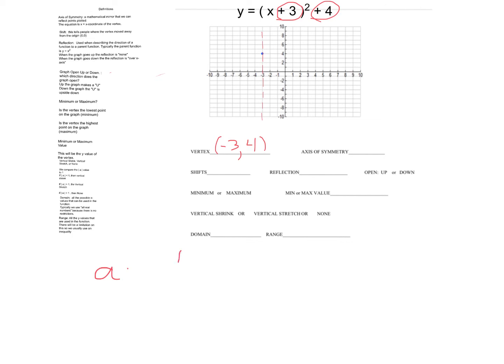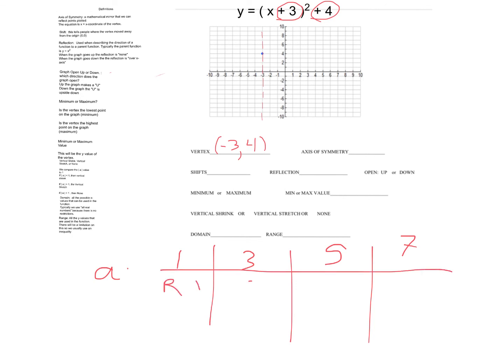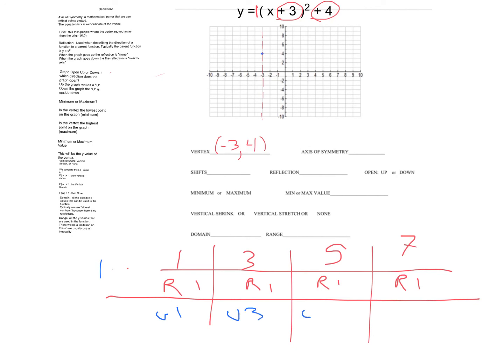So right 1, right 1, right 1, right 1. Now my A value in this case is, again, remember, in front of the parentheses. So in this case, it's 1, since I couldn't see it. So now here we go, multiply. So 1 times 1 is positive 1, so up 1, up 3, up 5, up 7.